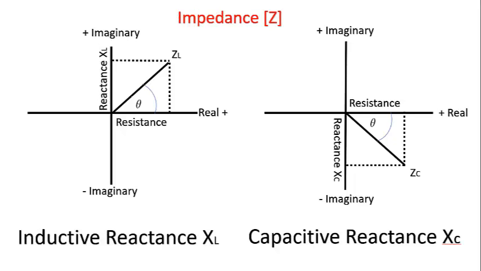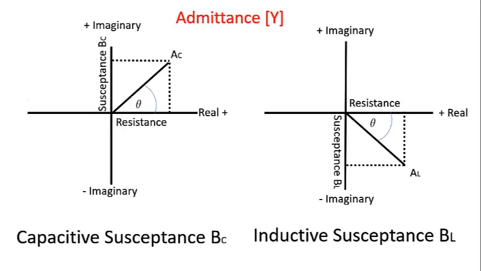In the case of impedance, the inductive reactance occupies the positive quadrant, and when we're talking about susceptance, the capacitive susceptance occupies the positive quadrant of the complex plane.